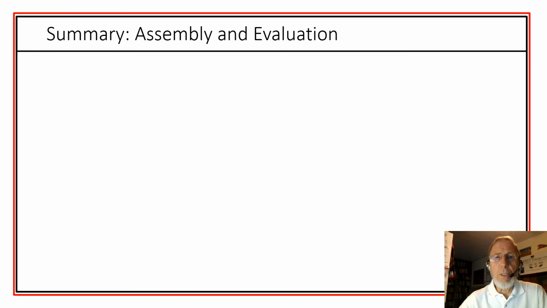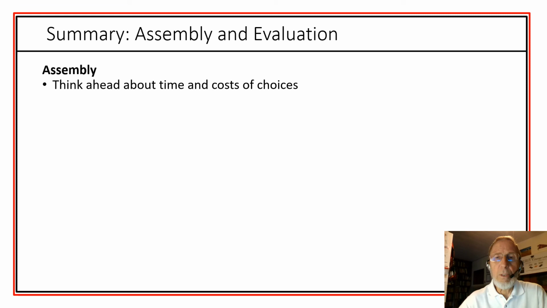So let's review where we've been here today. For assembly, we want to think ahead. Think ahead about what things will cost, what decisions will cost us in terms of time and money. We want to consider appearance as we go along and safety all the time, regardless of what our decisions are.